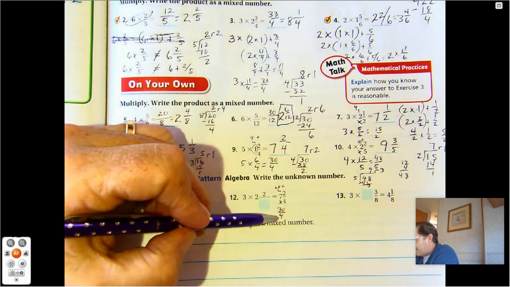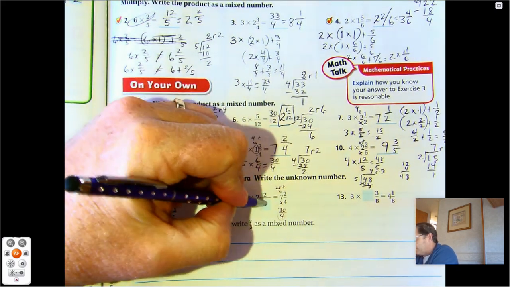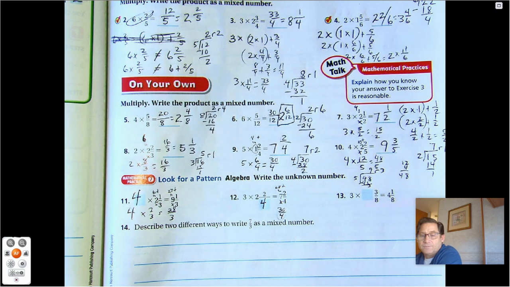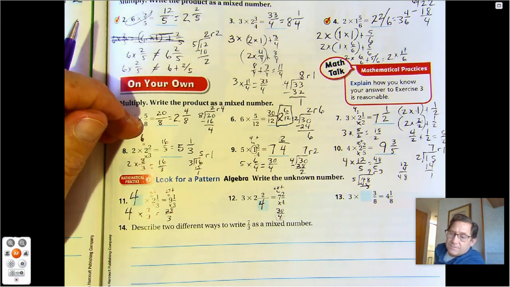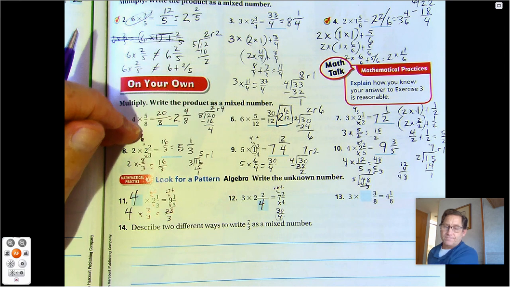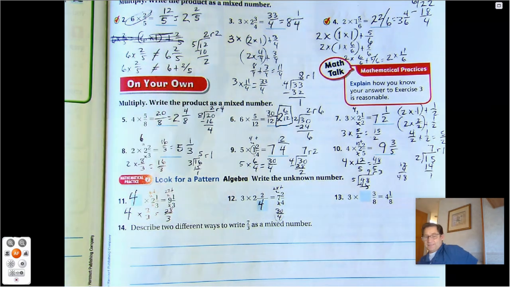Well, since the denominator here is 4, that denominator has to be 4. Okay. Remember, we don't change the size of the parts. We just change the number of pieces of the parts in this type of problem.